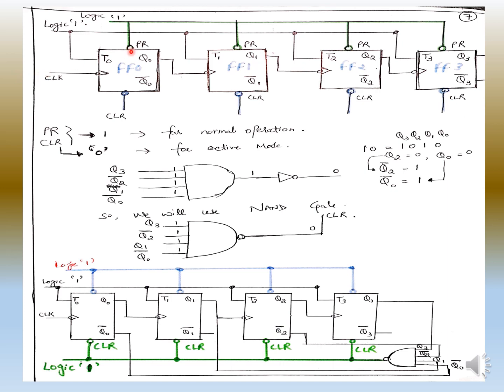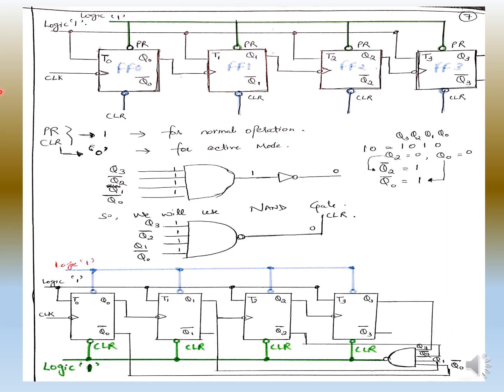Now I have made this flip-flop diagram so that you can understand what you need to draw for the basic circuit. The basic circuit has T0, T1, T2, T3. You have to show all the inputs, the preset, the clear, and the clock pulse, with the output of this connected to this clock pulse.